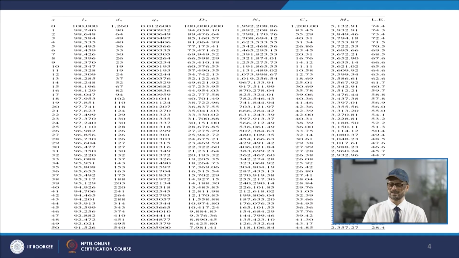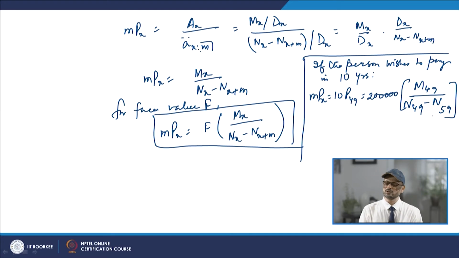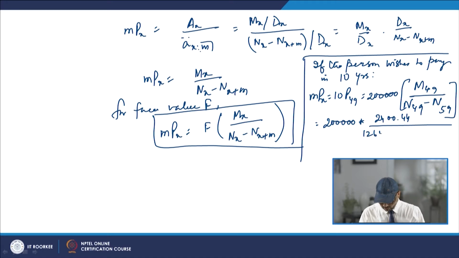Similarly, you have the Nx table. So, from here you can refer to the values: 2 lakh multiplied by M49, which is 2400.44, divided by N49, which is 126,532.64, minus 60,095.41.